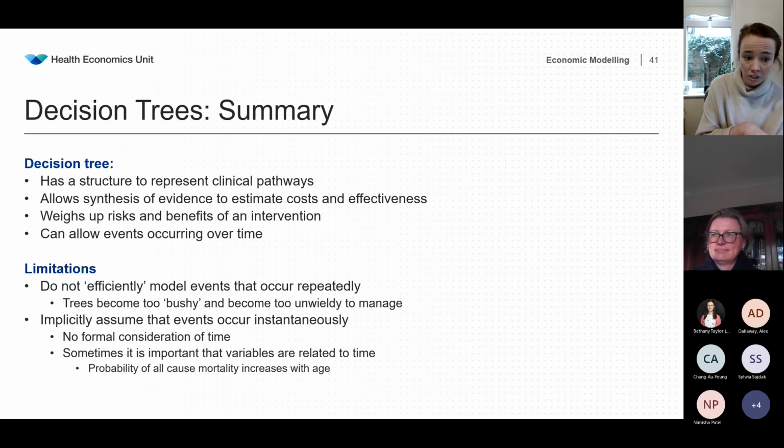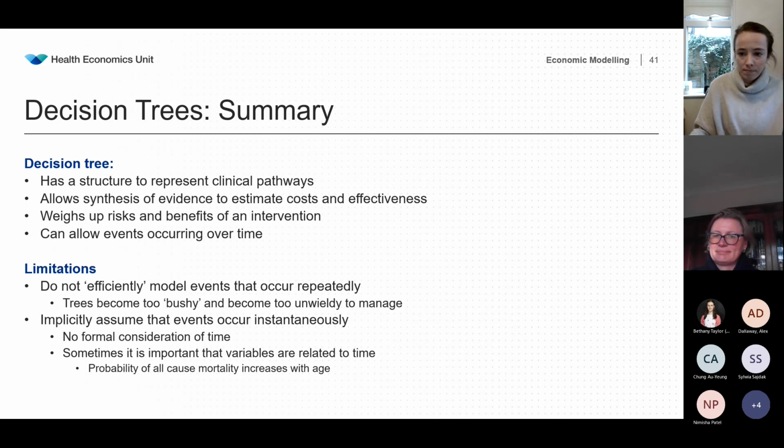However, it's got limitations. It doesn't efficiently model events that occur repeatedly, so getting flu every year, or needing lots of checkups for asthma or diabetes. The trees become really bushy and unwieldy. And remember, the purpose of this is to provide a simpler representation of reality. It also implicitly assumes that events occur instantaneously. So there's no formal consideration of time.